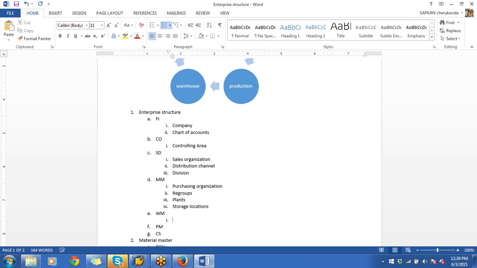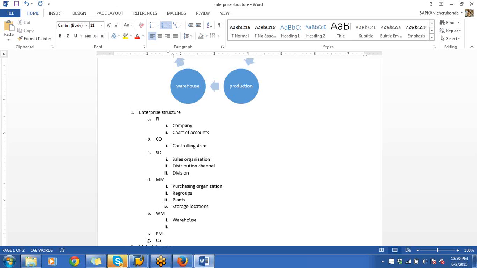So a warehouse is also a place where you keep the stock. But in SAP jargon there is a difference between a warehouse and a storage location. A warehouse is altogether a different building.